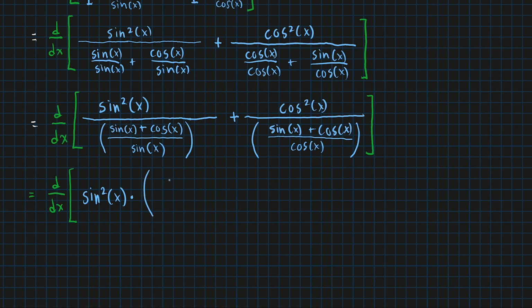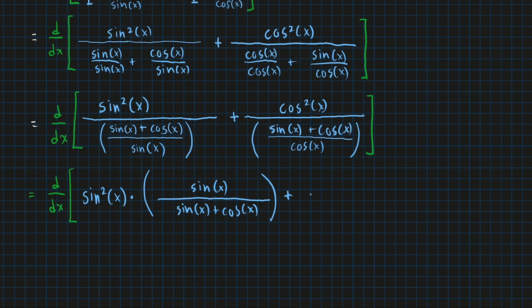The reciprocal of this is sine x over, should have made this a little longer. So we have sine x in the numerator and sine x plus cosine of x in the denominator. That is this part.